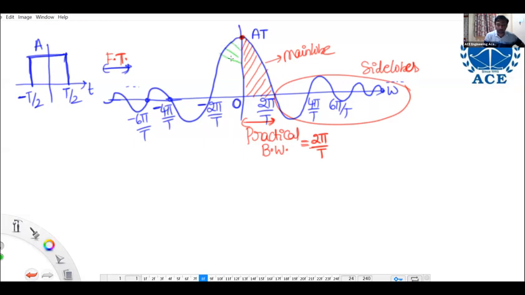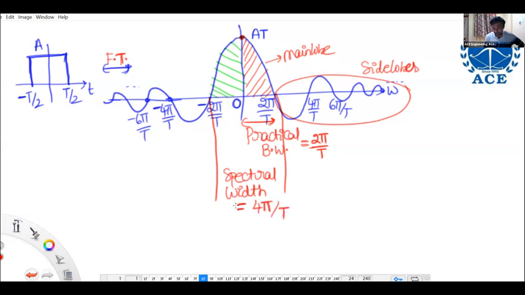Certain times we are including the negative frequency also into consideration. Then it is called spectral width. What we learned in Fourier series, what is the significance of including negative frequency? Why are we including negative frequency in the spectrum, sir? To reproduce our real component as it is.